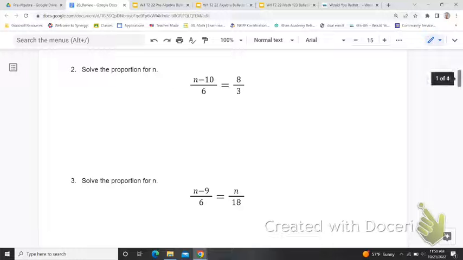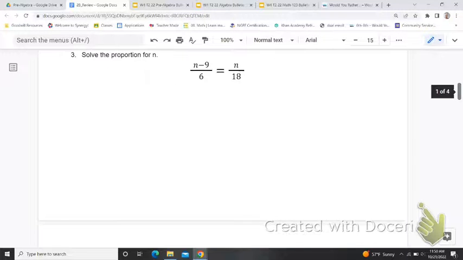Another one, same process, but now after we cross multiply, we will have variables on both sides. And so that's what makes this one a little different than the one before. But again, very much the same process.